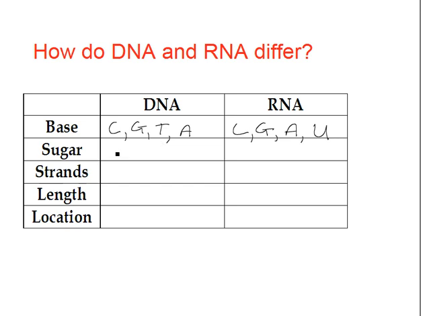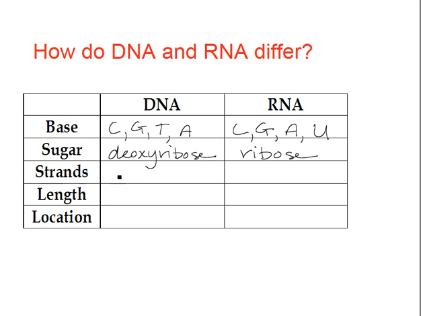In DNA, the sugar group in the nucleotide is deoxyribose, that 5-carbon sugar that's missing 1 oxygen. In RNA, the same basic structure is used, but the sugar has 1 more oxygen on it, and it is called ribose.